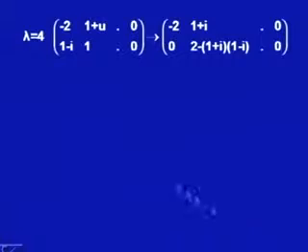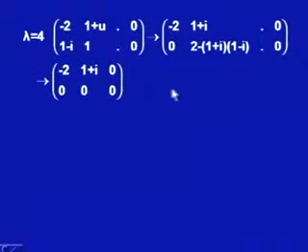On the same lines, we can find the eigenvector corresponding to lambda equal to 4. We consider this augmented matrix, apply the required elementary transformations, and finally this matrix reduces to this matrix with one row completely reduced to 0.